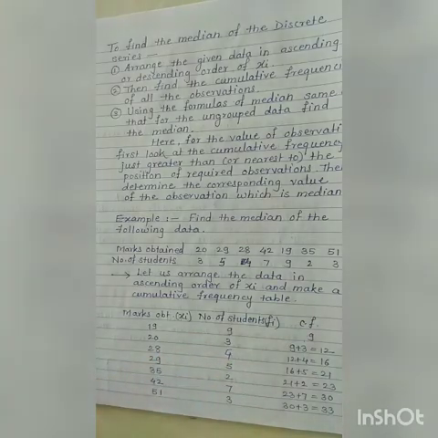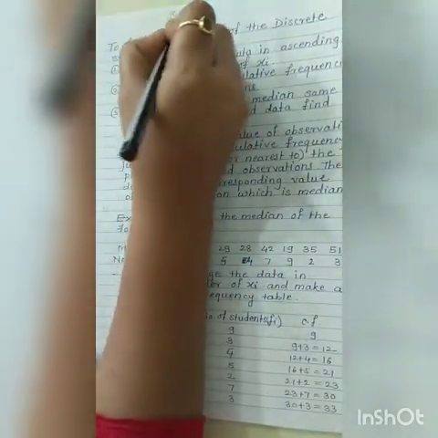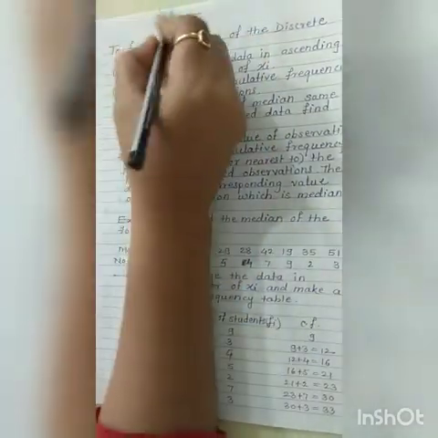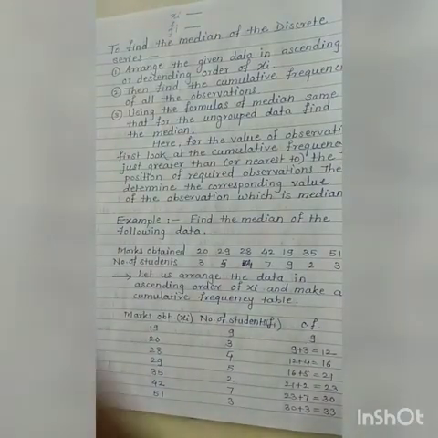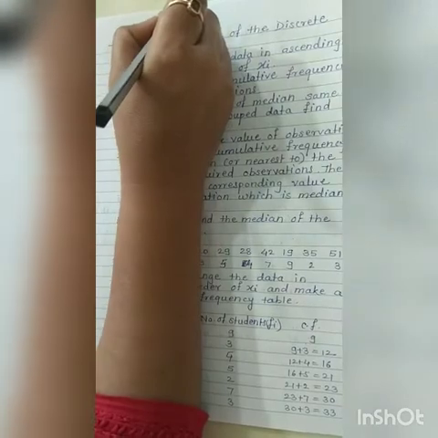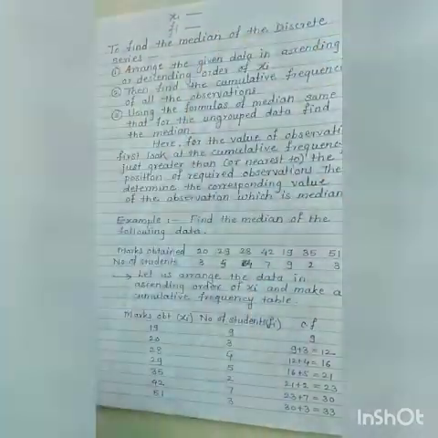Here we have to arrange the data in ascending or descending order of xi because we have now xi and fi. Don't arrange the data according to the fi, but arrange the given data in ascending or descending order of these xi's and then write the corresponding frequencies.